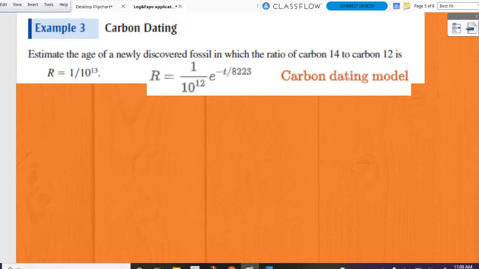So they specifically tell us to estimate the age of a newly discovered fossil that has the ratio of carbon 14 to carbon 12 as R equals 1 divided by 10 to the 13. So what are we solving for? What variable?